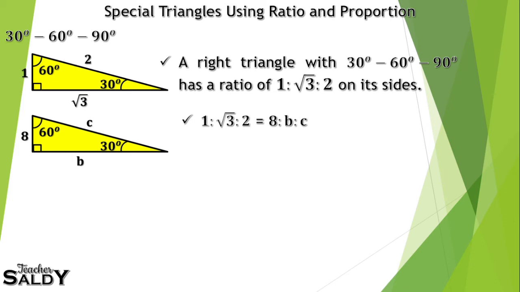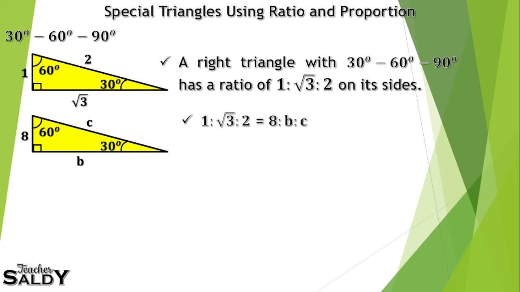So, let's have 8 as the height, b is missing, and c is missing. Although you can use trigonometric functions in this case because we have degrees, if you are not familiar with the trigonometric functions yet, you can use ratio and proportion.